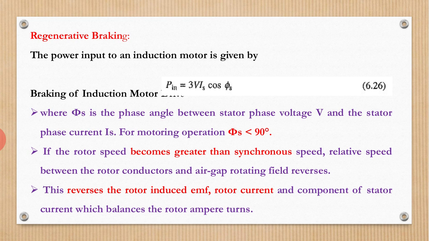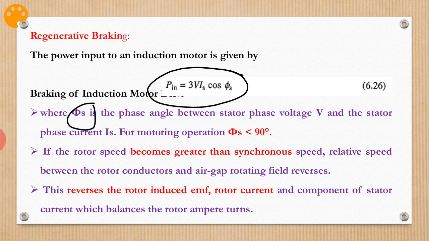The power input to any induction motor is given by P in equals 3 V Is cos phi s, where V is the stator phase voltage and phi s is the phase angle between the stator phase voltage V and the stator phase current Is.